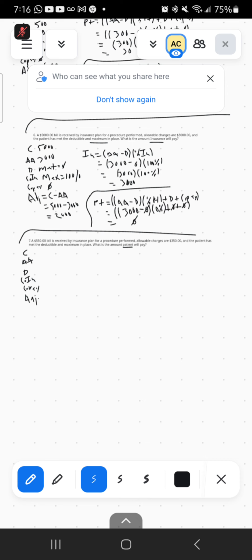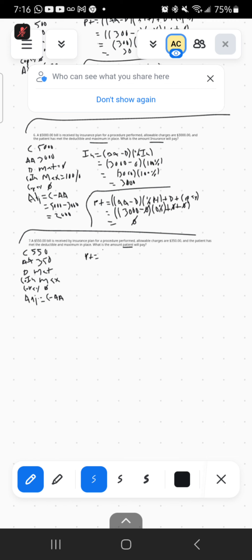So it says 550. Billed 350. Allowed. Deductible met. Maximum. And co-payment, this doesn't say, so 0. Adjustment is charges minus allowed.